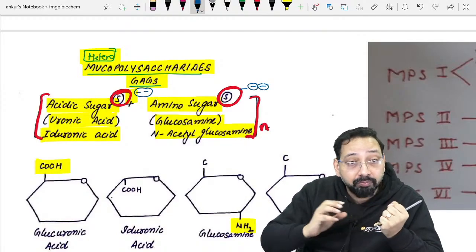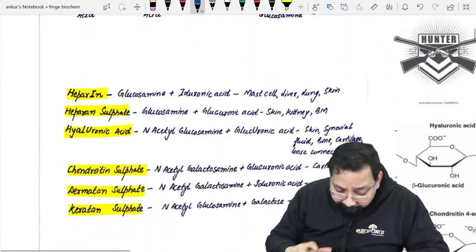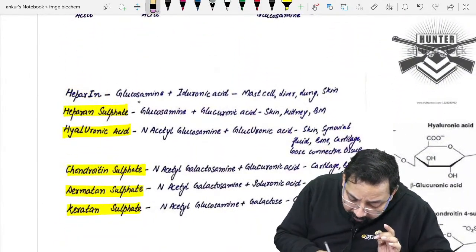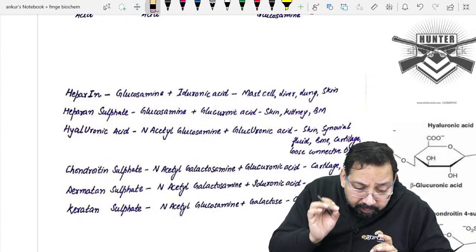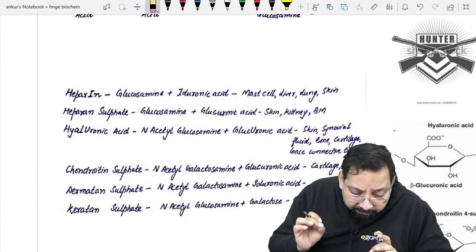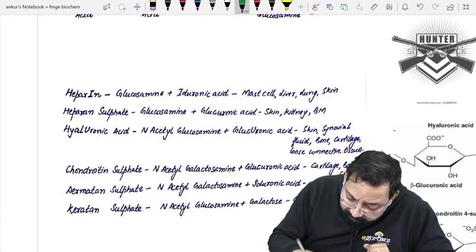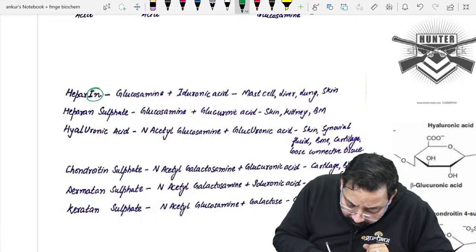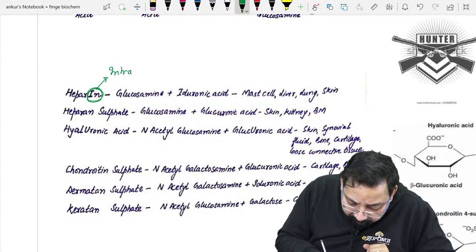Now we found that out of these only one is intracellular. If you search even a single word, each and every word would give you some idea. Just like heparin: in for intracellular.